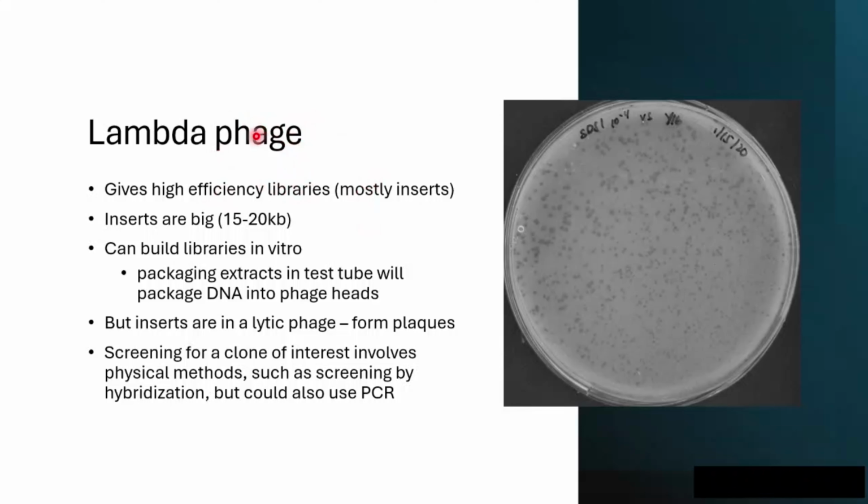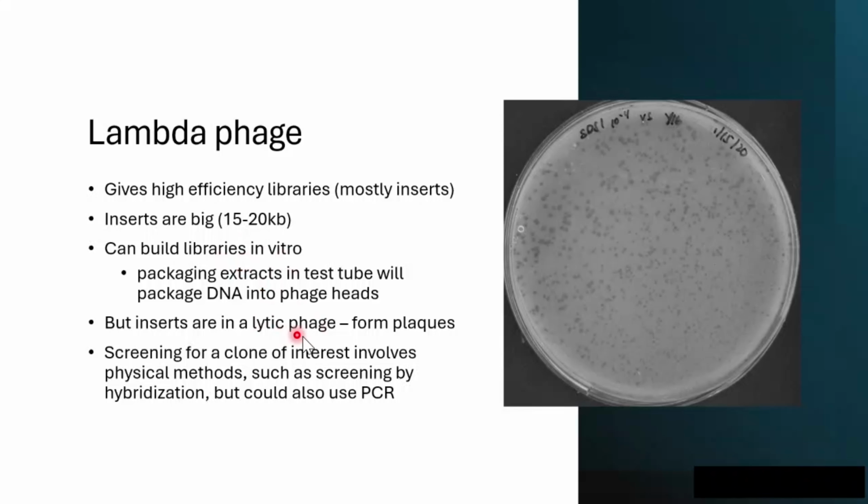And if the DNA has no insert, then the DNA will be only 30 kb, and that is not sufficient for the head to form. So what you end up with is only inserts inside the phage, okay? Mostly. Sometimes mistakes happen. The inserts are about 15 to 20 kb long, so this is not sufficient. But depending on your purpose, you can use these phages, and you can build them in vitro. That means you can do this all in a test tube without having to use a cell.